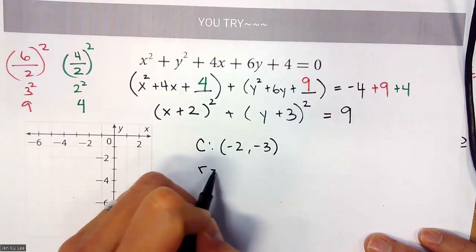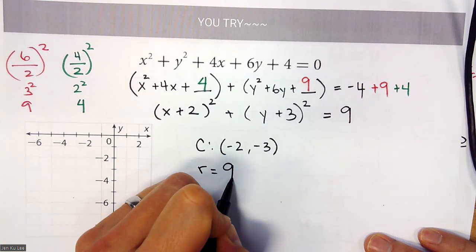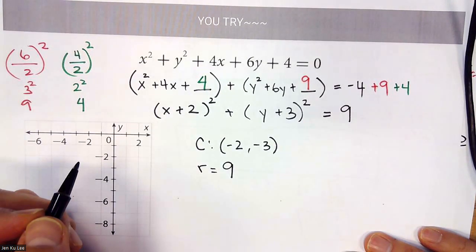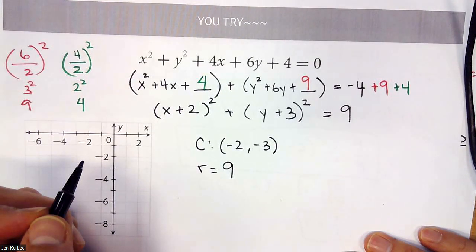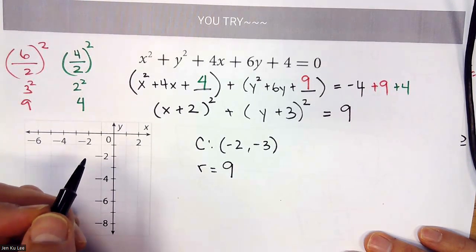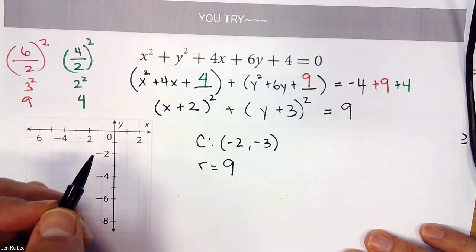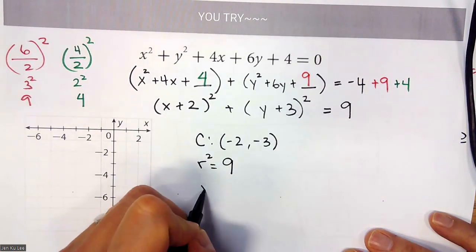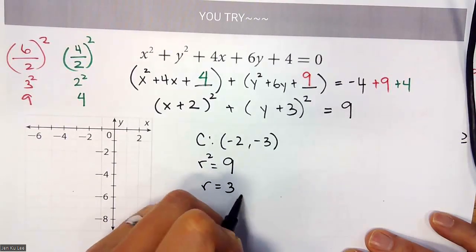And my radius would be 9. There it is. Yes, it would be 3 because my r squared value is 9. So my r is 3.